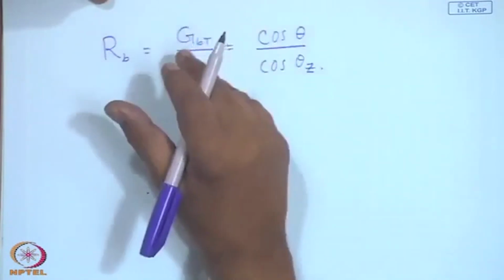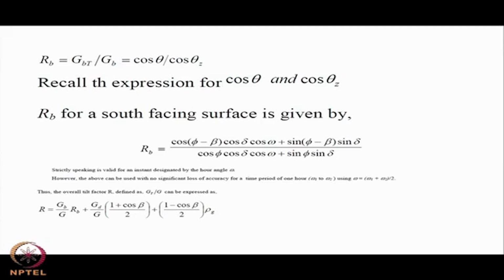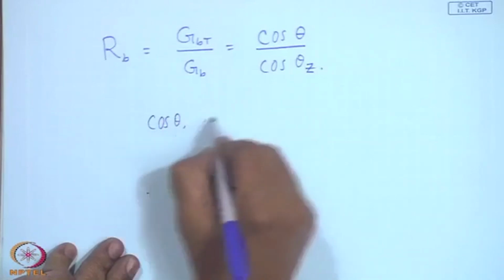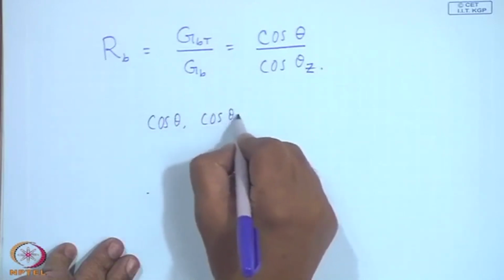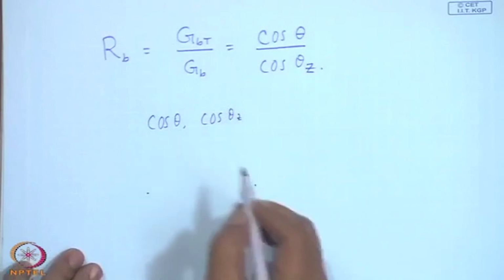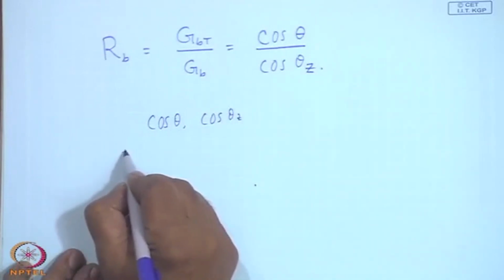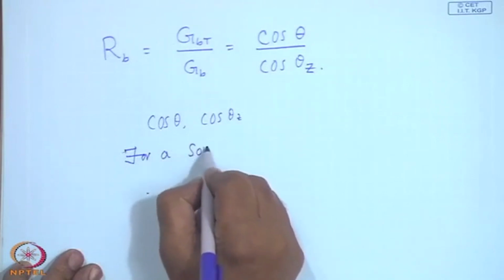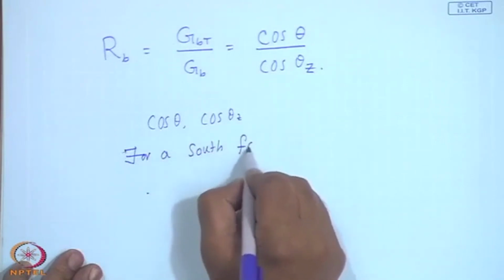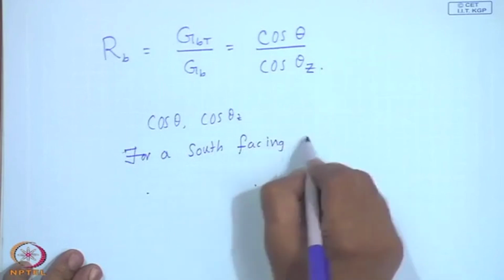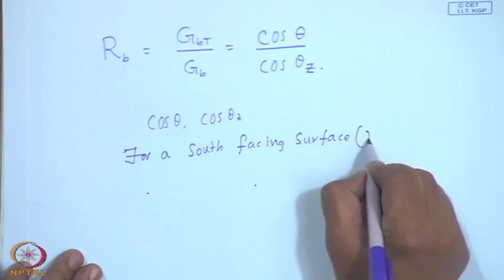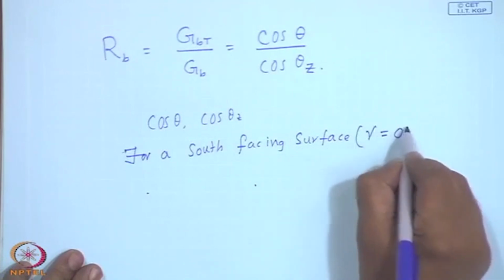So, now we have got this expression for RB, and you can recall your cos theta expressions and cos theta z expressions, and I can remember easily for a south facing surface. That is, your surface azimuthal angle is gamma 0.